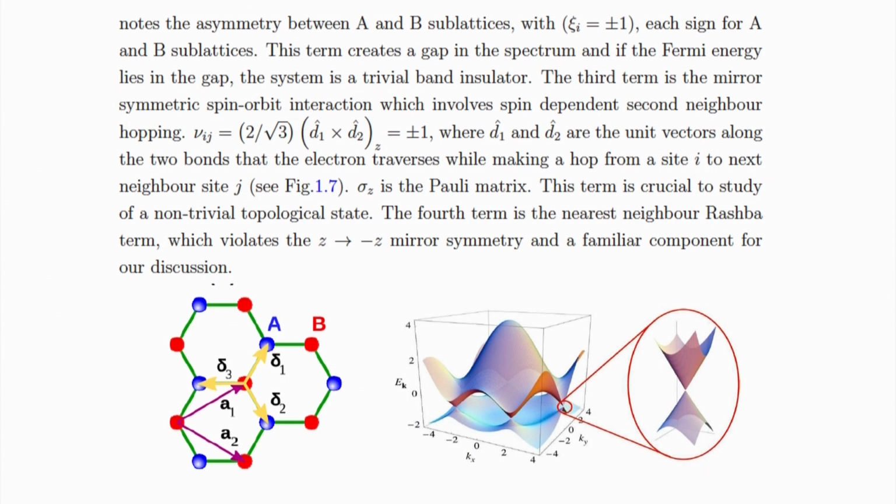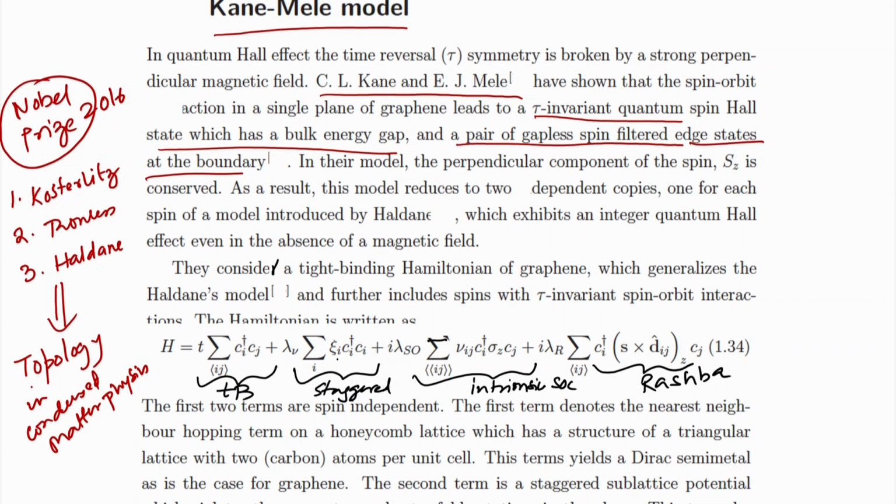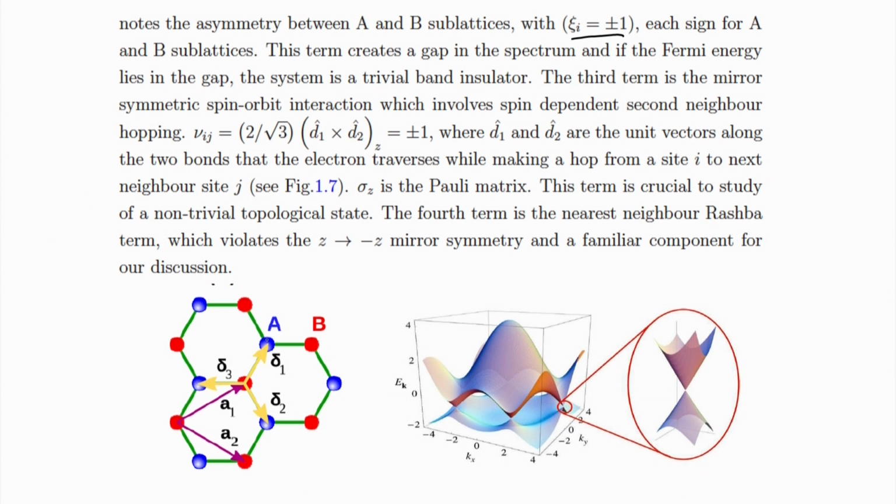The second term is the sublattice potential, which has the asymmetry between the A and B sublattices, with xi_i equal to plus or minus 1. What it means is that for i on the A sublattice, xi_i equals plus 1, and for i on the B sublattice, it will be minus 1. So, this is your A sublattice here and your B sublattice here. This term creates a gap in the spectrum.